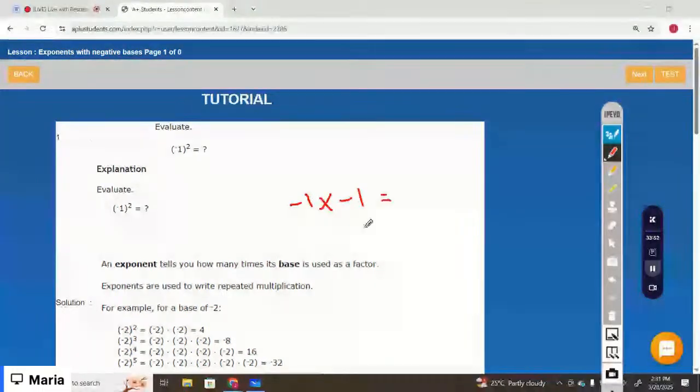So when you multiply two negative numbers, the answer is positive. When you multiply two negative 1s, the answer is positive 1. Let's just start with the test questions.